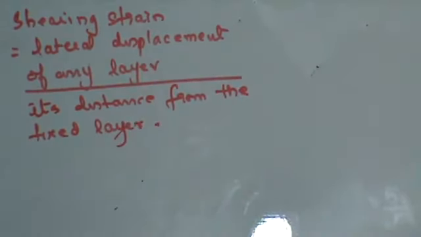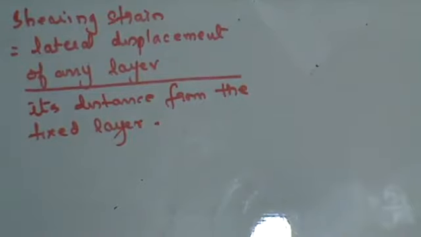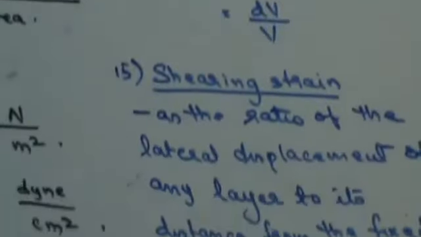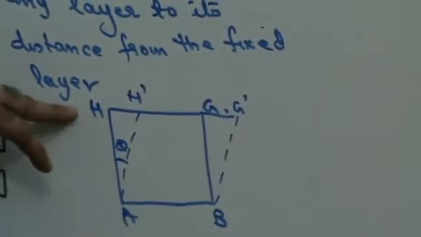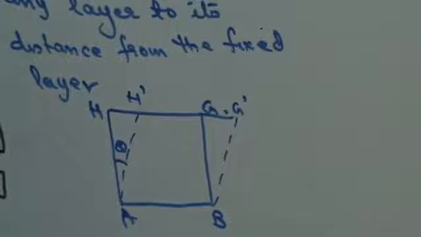Right? Now what is the lateral displacement? Guys, see this diagram? The lateral displacement is h bar and the distance from the fixed layer is AH. So I can say this is nothing but h bar upon AH.